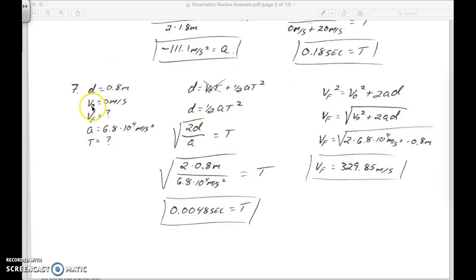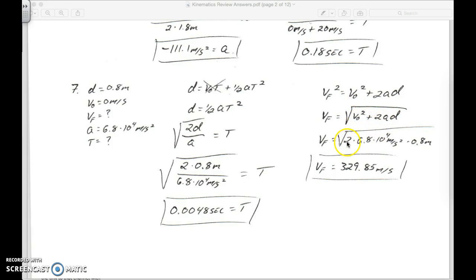We're going to finish out with Vf. We're going to look for the equation that does not have time in it because that's the other unknown. And just in case we solved it incorrectly here, it's always a better idea, if you don't have to use something you solved for, to not. So I'm going to pick the equation without time in it. That's Vf squared equals V naught squared plus 2AD. Vf is already all by itself. I just have to get rid of the squared by taking the square root. So Vf equals the square root of V naught squared plus 2AD.